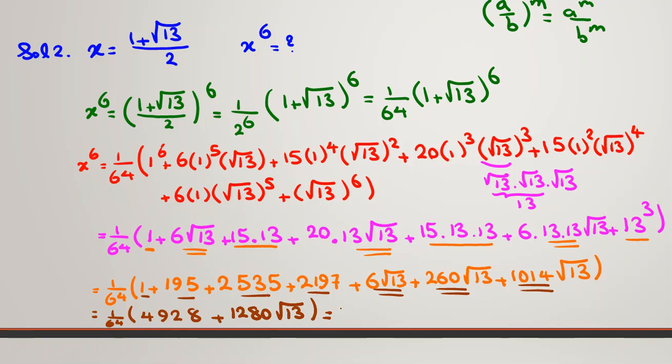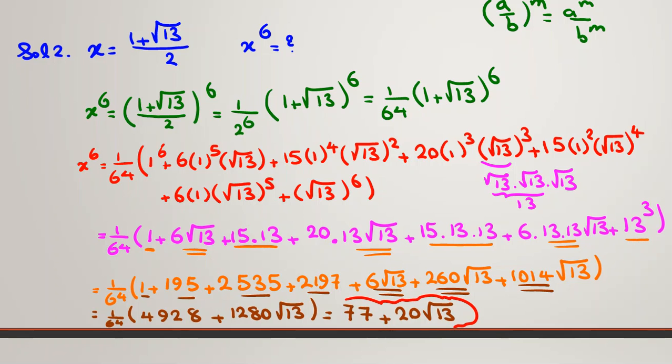If we divide by 64, it will be 77 plus 20 root 13. So let me draw this with another color. Yes, our answer will be this.